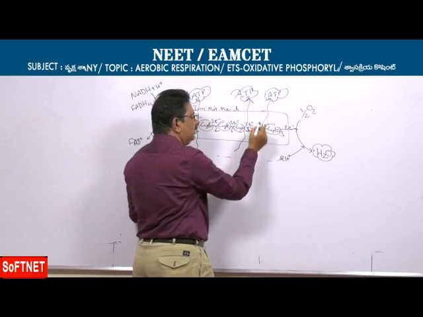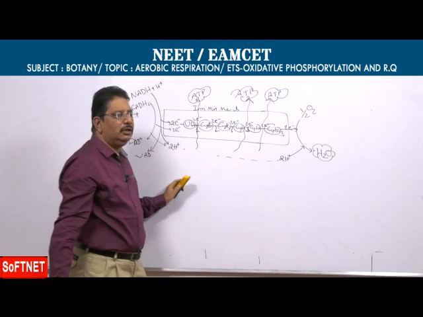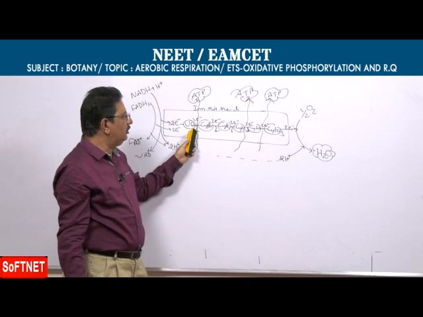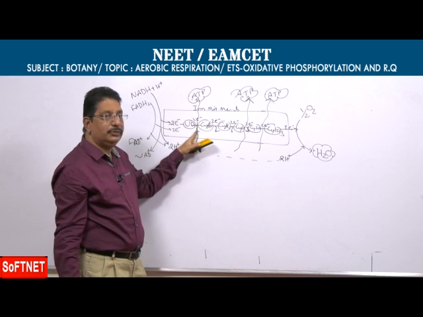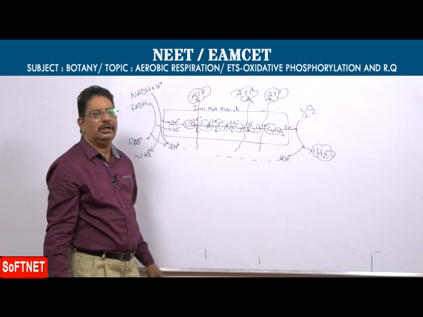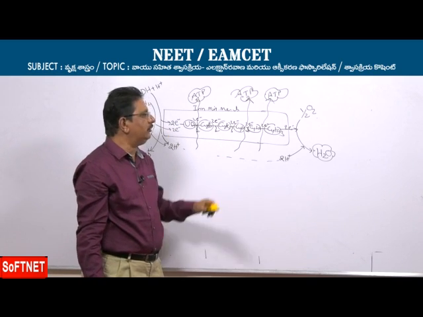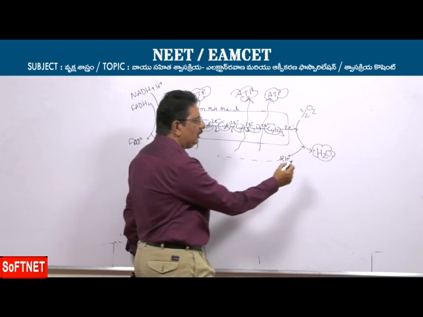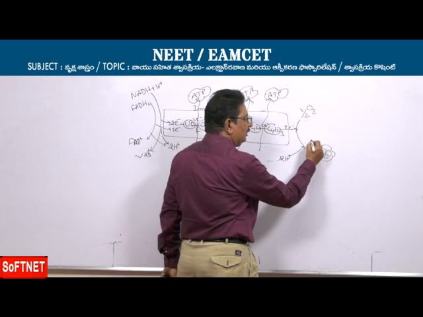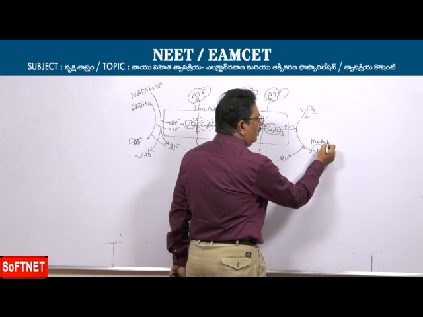The energy liberated during a series of oxidation and reduction reactions is utilized for synthesis of ATP. So, two events occur one after another. The water that is formed in this reaction is called metabolic water.